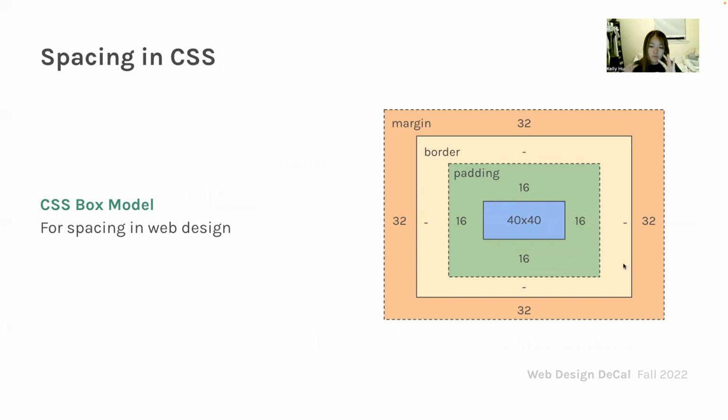Padding is what extends out to the borders. So this yellow area is the borders. It defines the space from the inside element to the border. And then margin is the outermost layer, the imaginary box that differentiates this element from other elements that might be next to it.